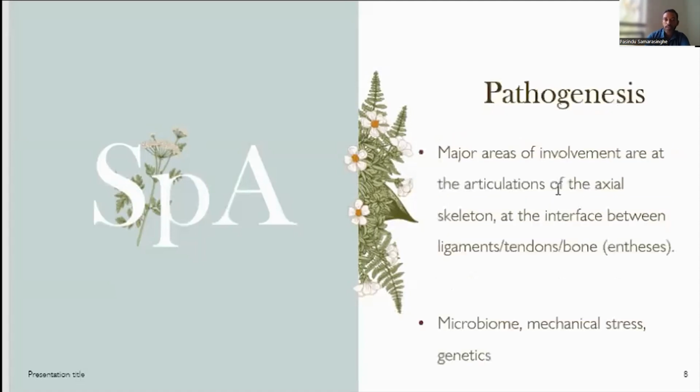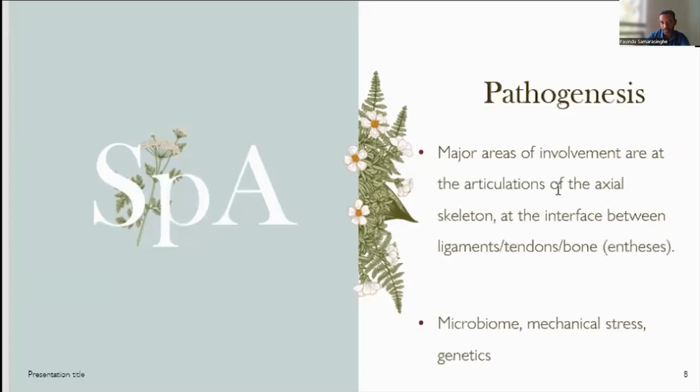There are several factors in pathogenesis, and the major involvement is in the axial articulation. That's why this is spondyloarthritis. The involvement of the enthesis is characteristic.